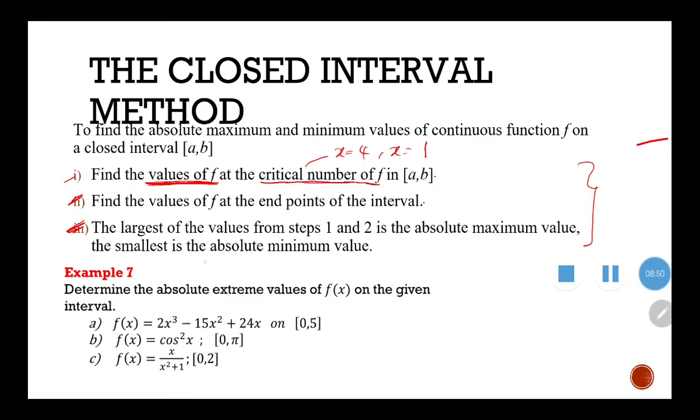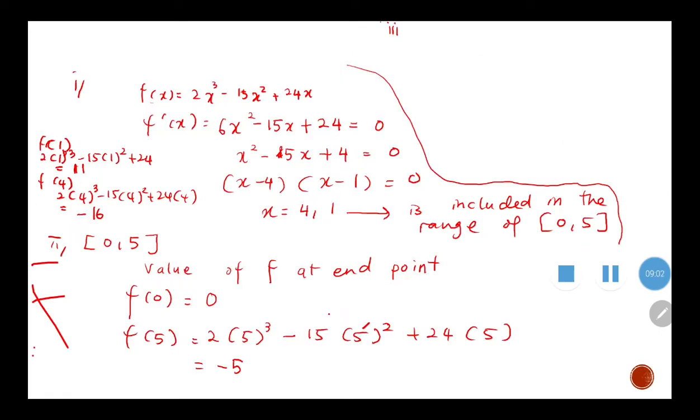Okay, so now the question wants us to find the largest of the values from step 1 and 2 is the absolute maximum value, and the smallest is the absolute minimum value. So now let's do it one by one here.